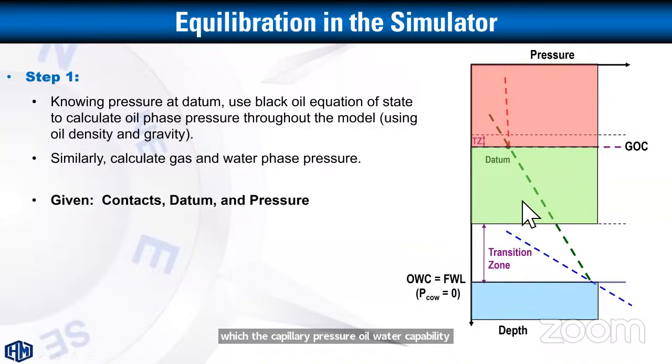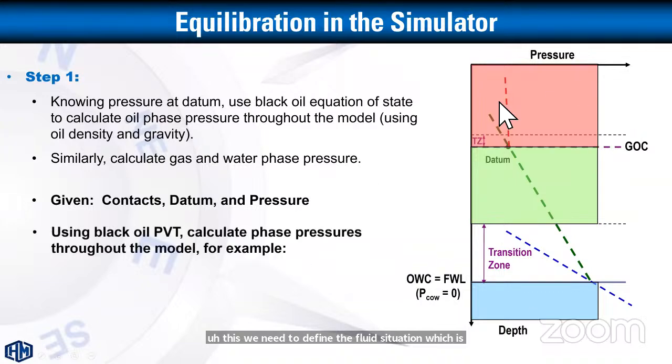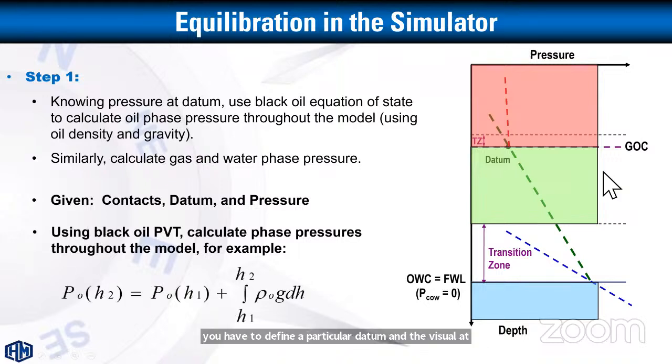So we have some transition zone between this free oil zone. Here we need to define the fluid saturation, and also the fluid saturation in this zone between gas and oil. So you have to define the fluid contacts, this one and this one. You have to define a particular datum and the pressure at this datum, so you can calculate the pressure at any other point in this reservoir using this pressure gradient line.